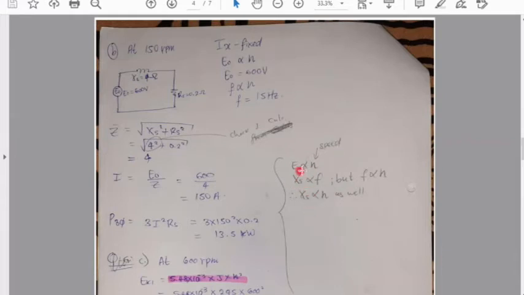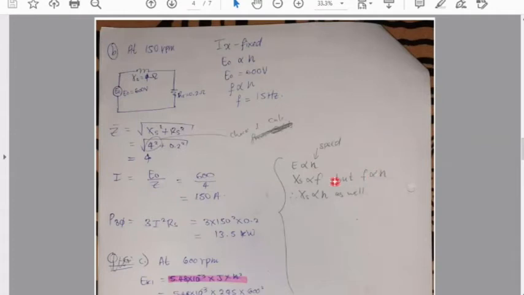But your synchronous reactance is also proportional to your frequency. I'm not sure how many of you did power elec already, but you know that frequency is related to speed as well. If you change the frequency, the speed will change, and if you change the speed, the frequency will change.